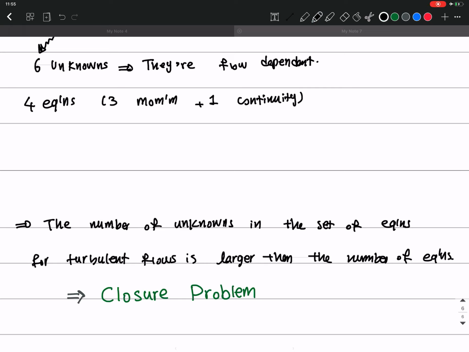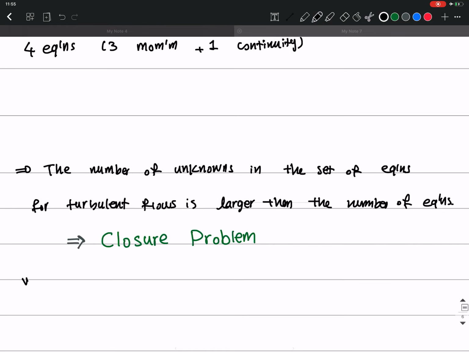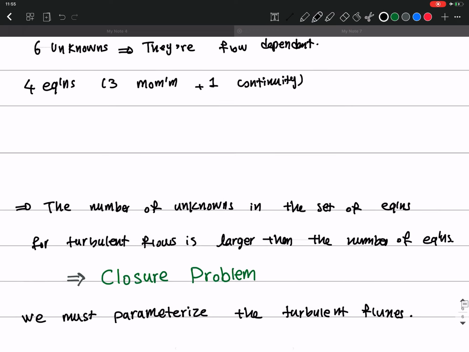So we need to define new equations. In other words, we must parameterize the turbulent fluxes in order to be able to close the equation.